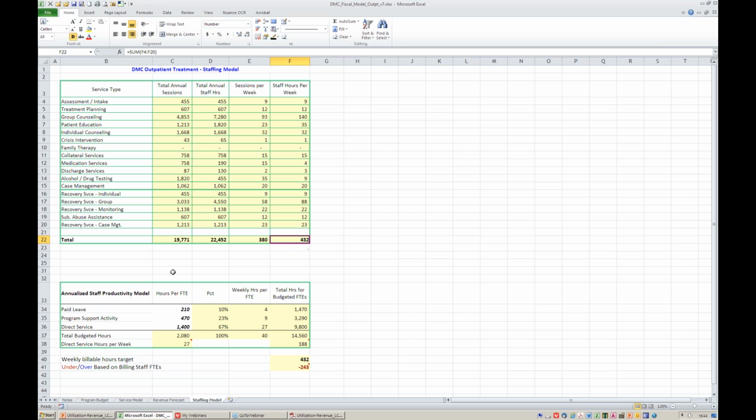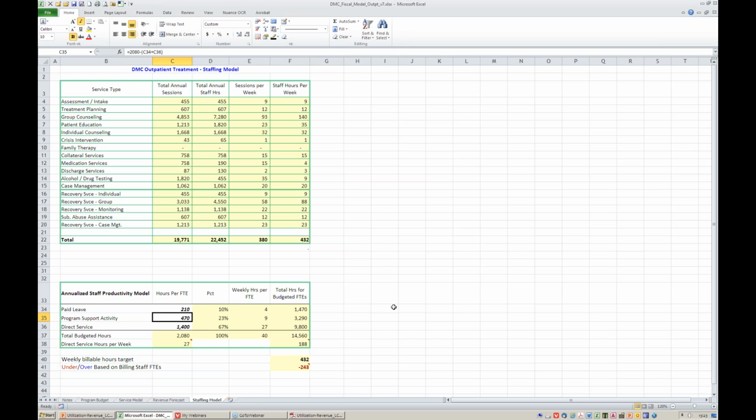Maybe this should be at the top, but anyway, what we have here is a staff productivity model. The first thing you would put in is how much is paid leave, with holidays, vacation, average sick time, etc. How much time is spent in program support?